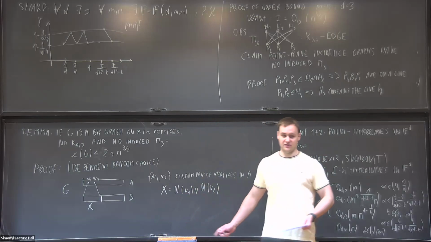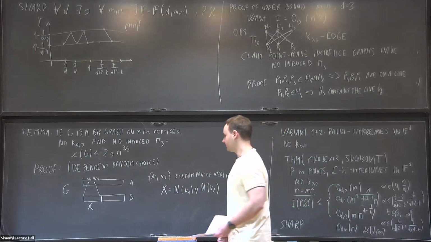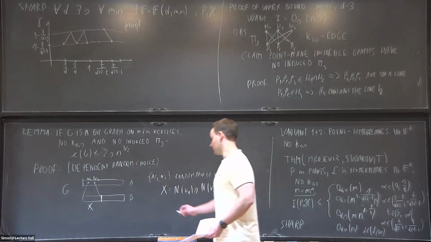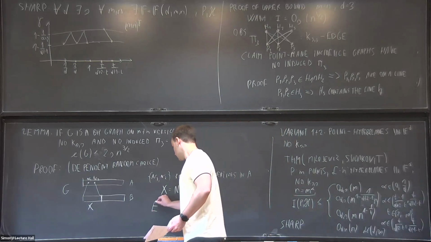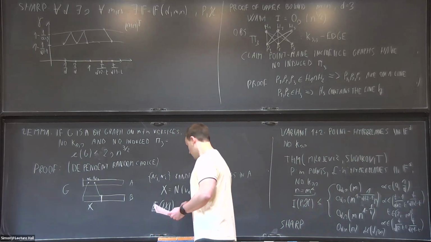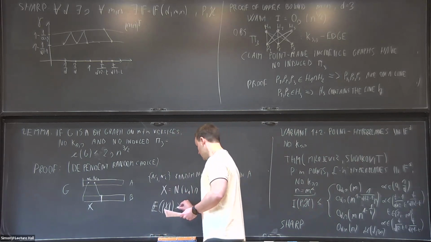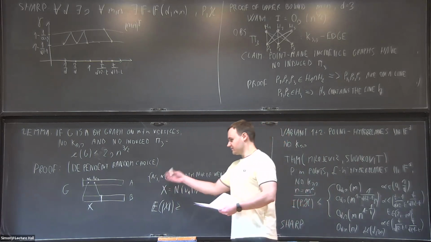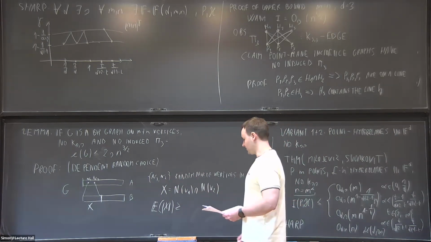So let X be the common neighborhood. And now first, let's try to say something about the expectation of the size of X. I will not do the precise calculations, but this is a very simple thing to calculate.